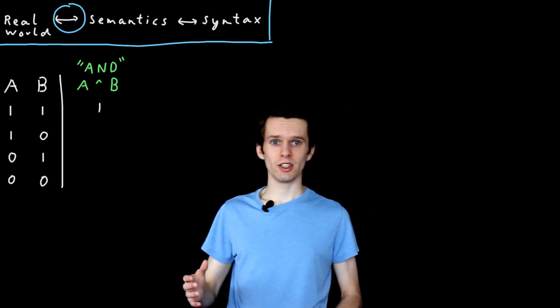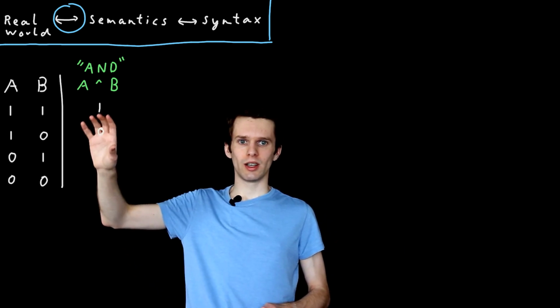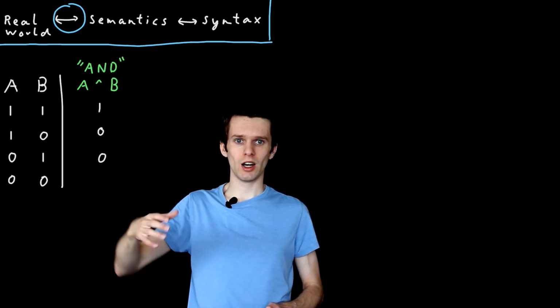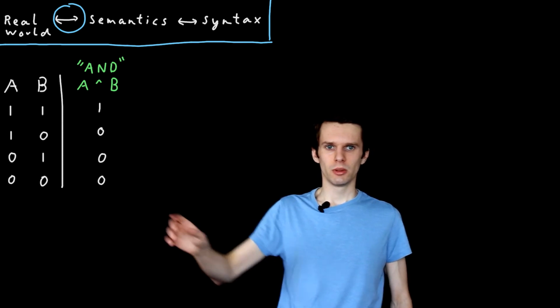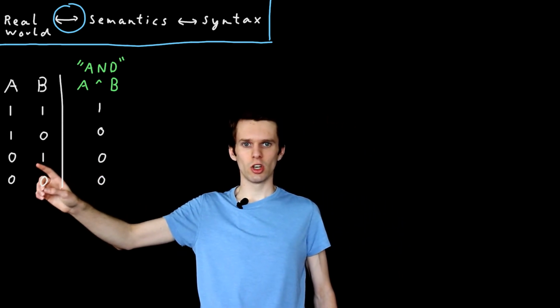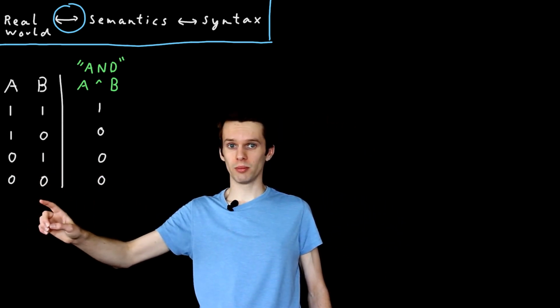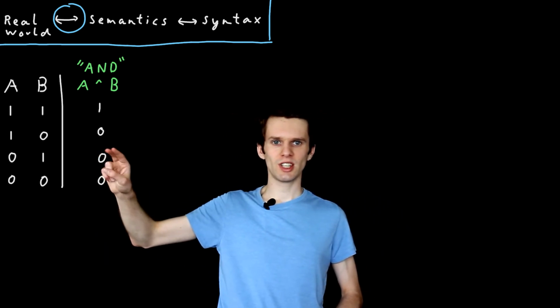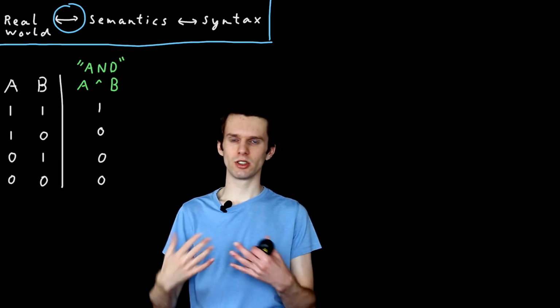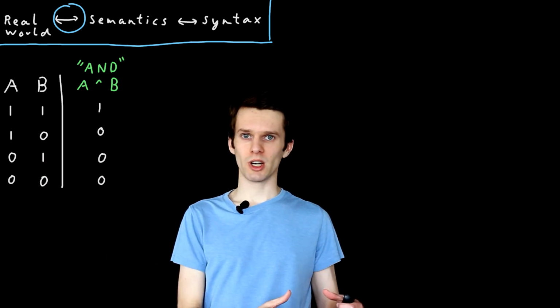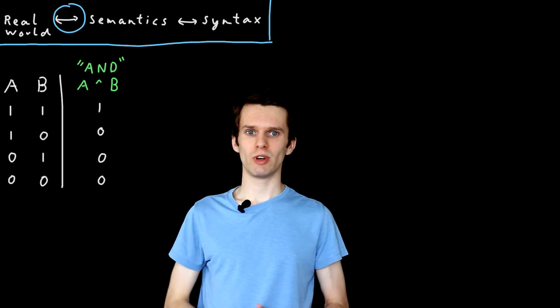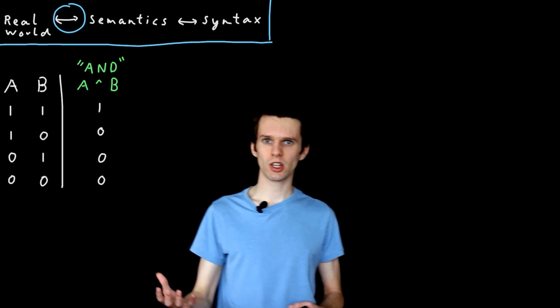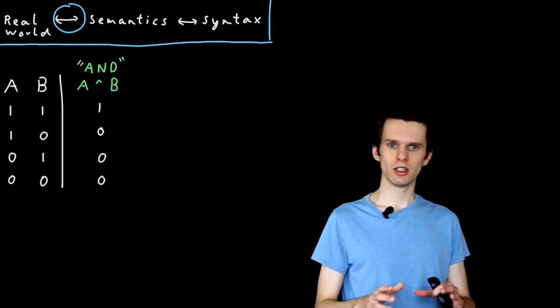The other 3 values in our AND truth table are 0. Because in each of these cases, at least one of A and B is false. So for instance, this second line, A might represent the sentence, the sky is blue, but B might represent the sentence, the grass is red. So the sentence, the sky is blue and the grass is red, is clearly false.